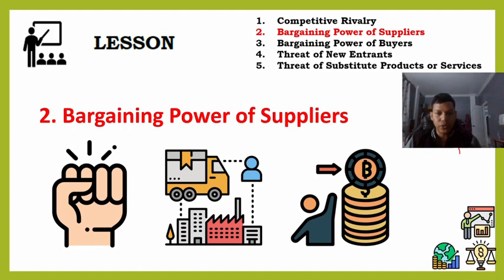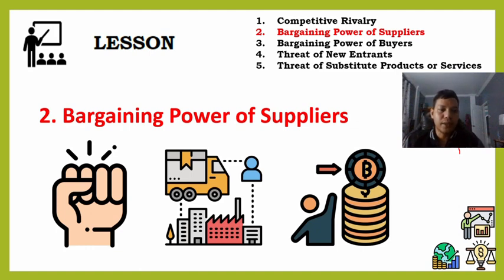You don't have any choice, so the supplier will have this bargaining power. He can increase the prices of their products. The more suppliers are available, the more these suppliers will offer a low price, because they are afraid that you will no longer purchase their products.